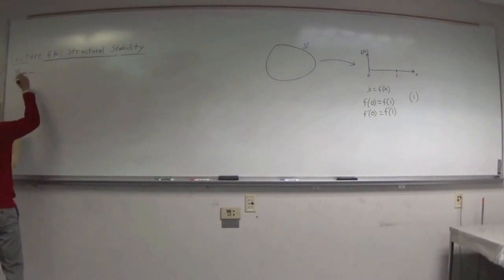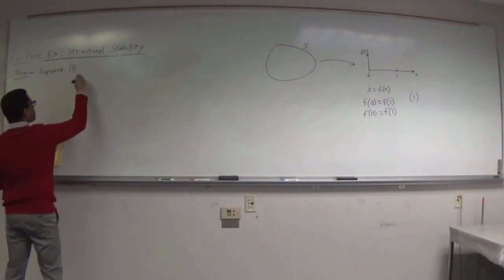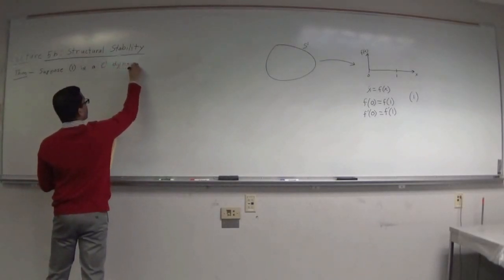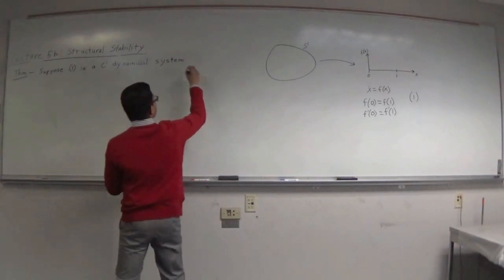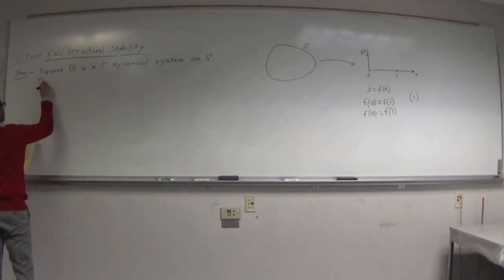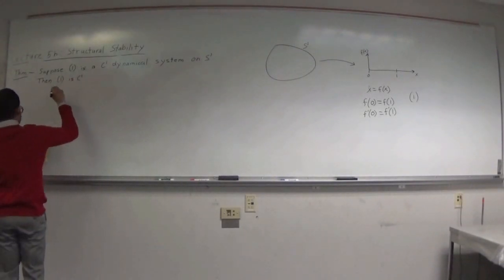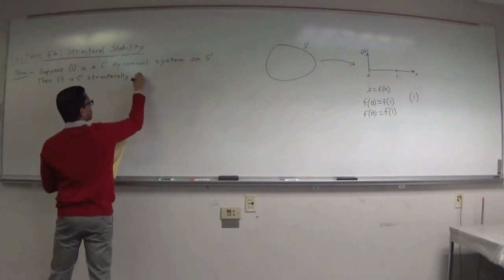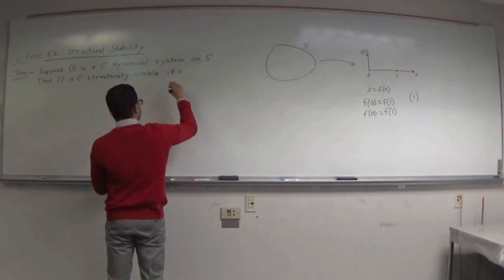So this is our theorem. It says suppose 1 is a C1 dynamical system on S1, then 1 is C1 structurally stable if and only if, so we have two parts to this proof.